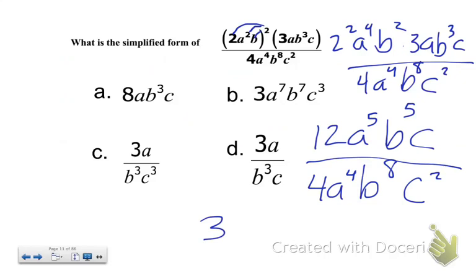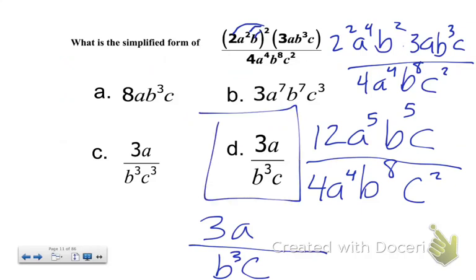A to the 5th over a to the 4th leaves me with 1a. B to the 5th divided by b to the 8th is going to give me b cubed in the denominator, and then c over c squared leaves me with a c in the denominator. So that would be D. Even though it's multiple choice, I do recommend that you write it out yourself and then see if your answer matches one that's there.